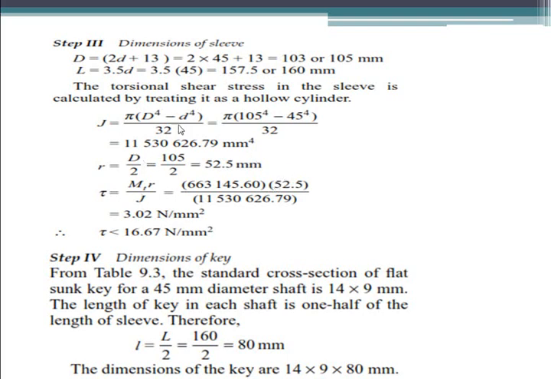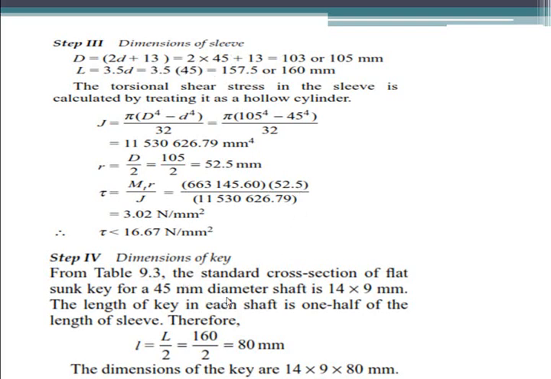Substituting all these values, MT, r and J, we can find out the shear stress, that is 3.02, which is less than 16.67, so the design will be safe for the sleeve.